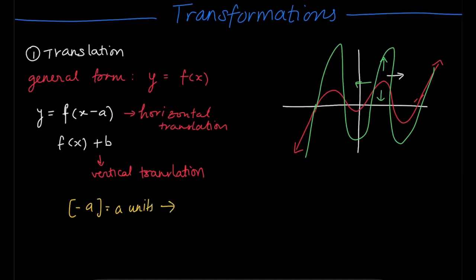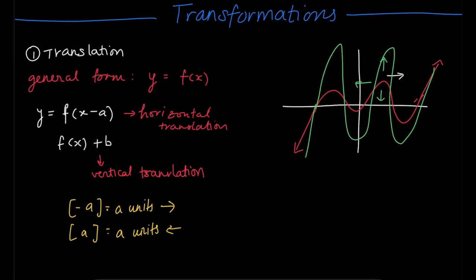And if we have just a, then the graph will move a units to the left, because it's a minus a. So if you want to move it to the left, you would, let's say you have negative 2, x minus minus 2 would be x plus 2. So if you have positive a, that doesn't mean you move to the right, it means you move to the left, because it means you've taken a negative number.